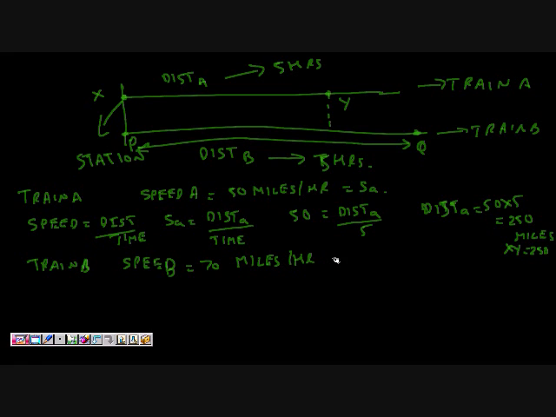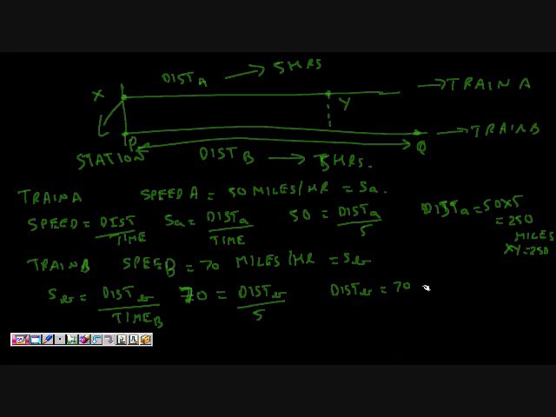And we can write SB is equal to distance of B divided by time taken to travel the distance, time of B. So we know SB, 70 miles per hour, is equal to distance of B divided by time, which is 5 hours in this case. So distance of B is equal to 70 into 5, which is 350 miles. Okay, that's equal to PQ in our case, distance of B.